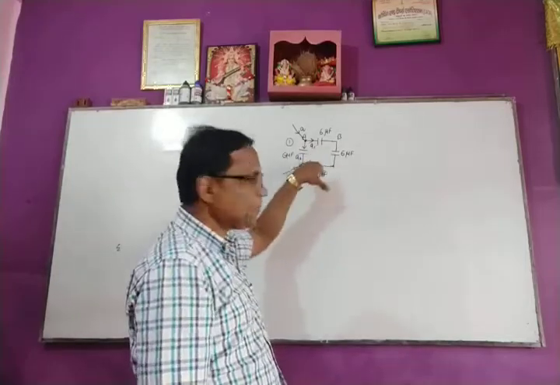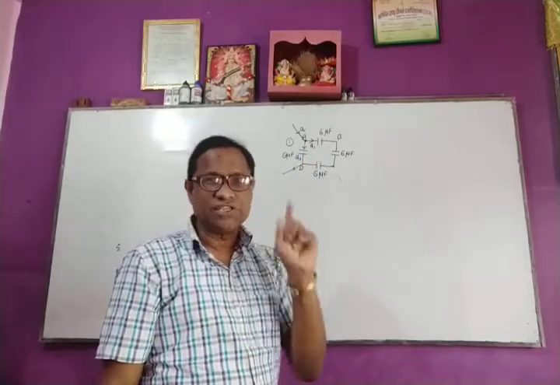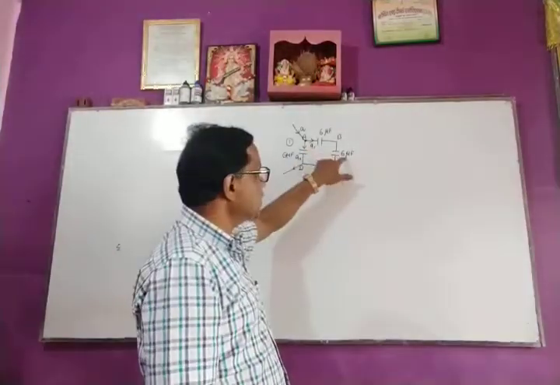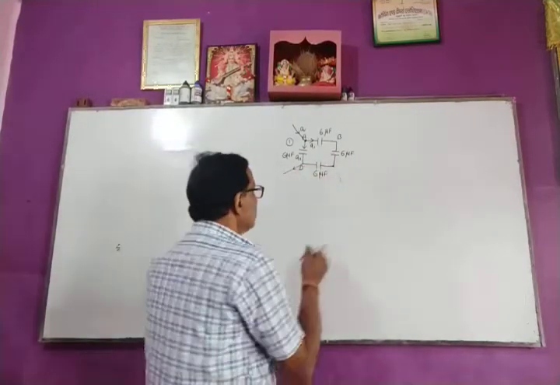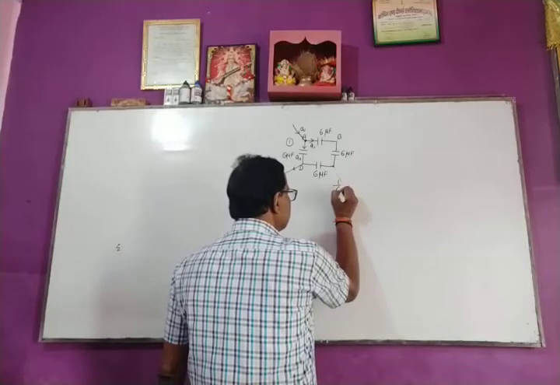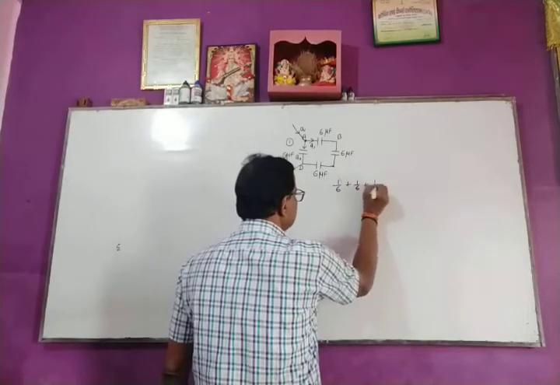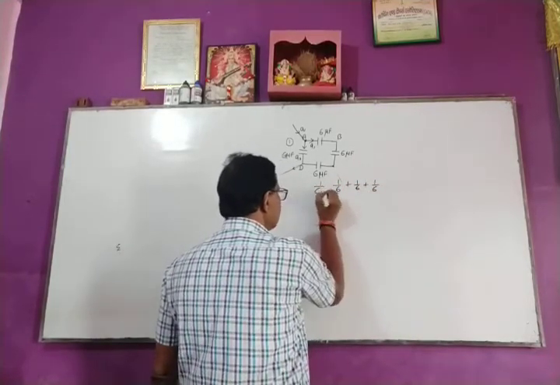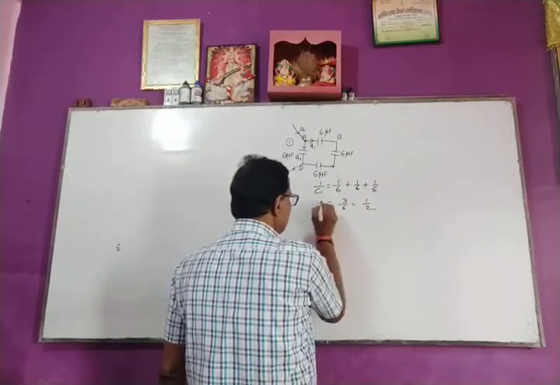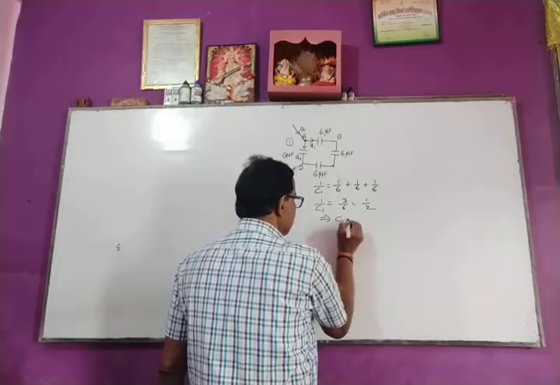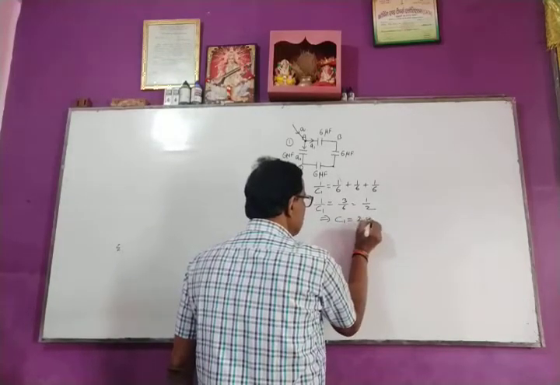So these three capacitors are in series. 6, 6 and 6. So 1 by 6 plus 1 by 6 plus 1 by 6, 3 by 6, 1 by 2. C1 is equal to 2 microfarad.